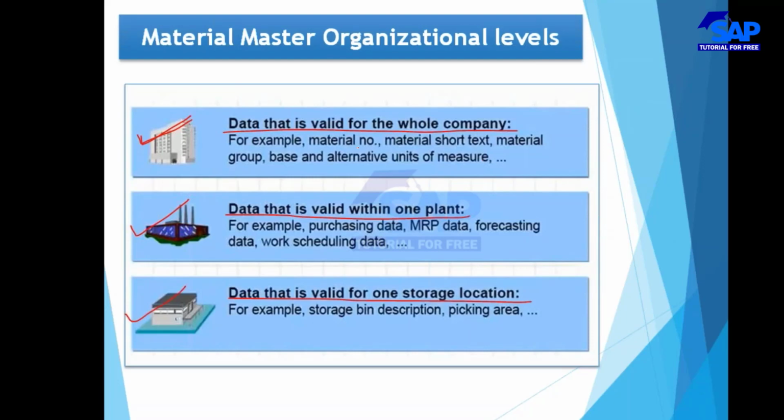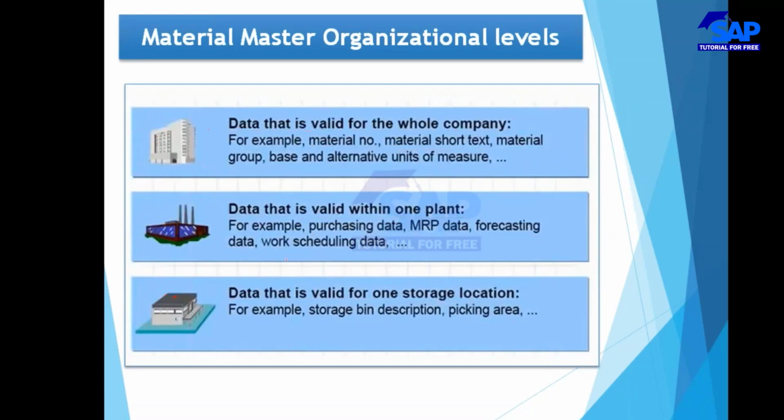Suppose if you see here, material number, material description, material group, base unit of measure, these kinds of things are maintained at client level, common for all the plants. Whereas some data like purchasing data, MRP data, forecasting data, those kinds of data you maintain at plant level. Now some data, storage bin, all those kinds of data you maintain at storage location level. So these are the organizational levels for which you maintain the data.